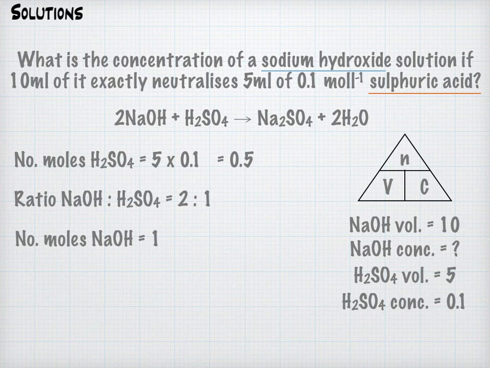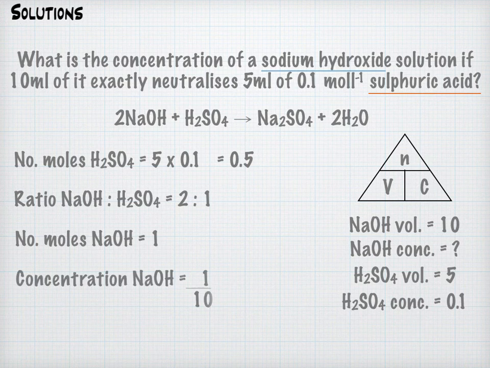It would mean dividing both of them by 1,000, and that would just sort of come out in the wash. So for this type of calculation, we don't need to worry about it. Okay, so the concentration of sodium hydroxide then is the number of moles divided by the volume, is 1 divided by 10, is 0.1 moles per litre.